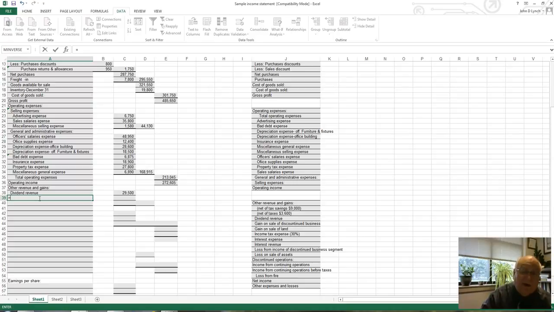You could also have interest revenue, and that would be notes receivable that you may have with somebody, or CDs, or that type of thing. And you also have any gain on the sale of assets in here. In this case, I have gain on sale of land, and that one is for $29,500.